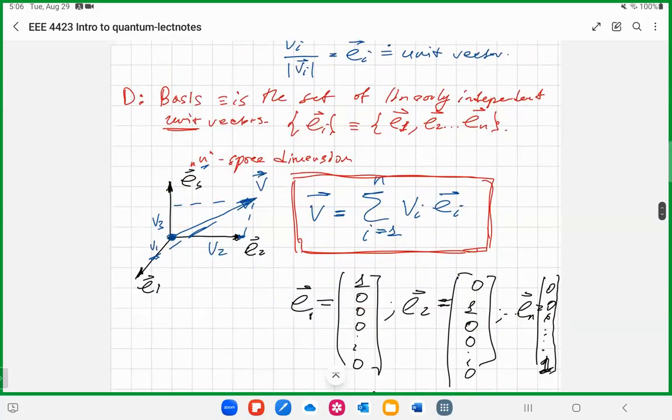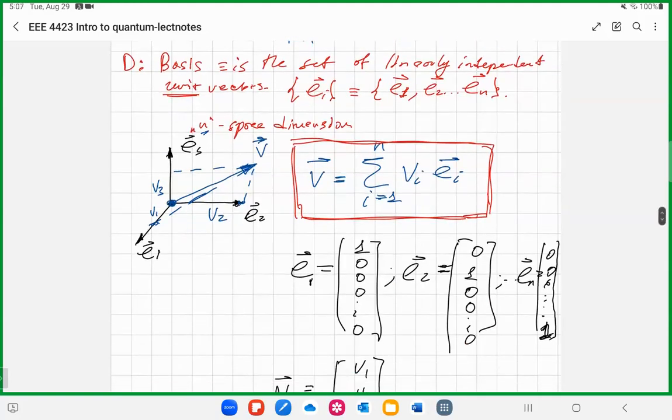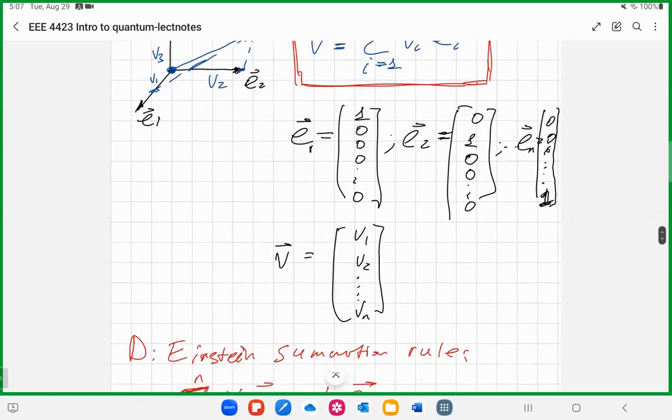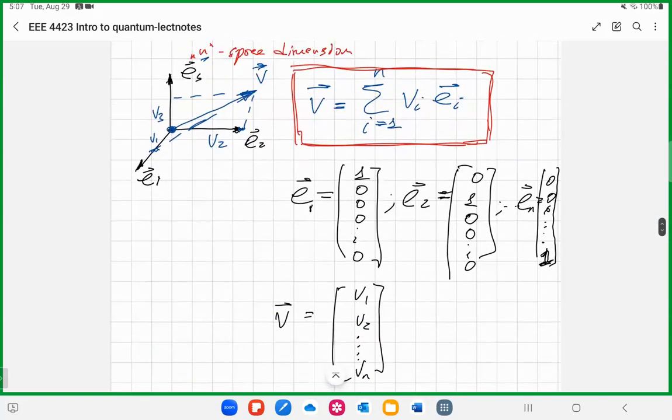Then we introduced the concept of the basis in any arbitrary linear space, and the way we represent a vector through the combinations of the basis vectors E, times the projection of the corresponding vector on the basis vector, right?